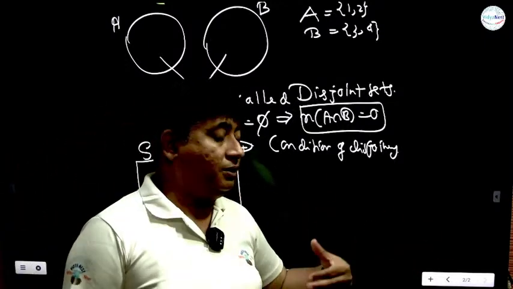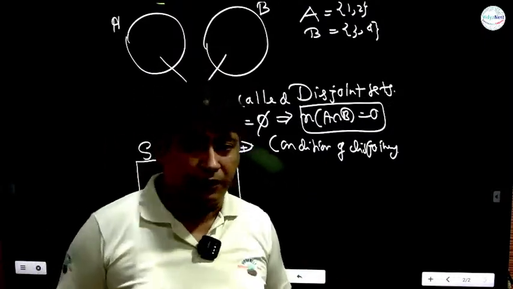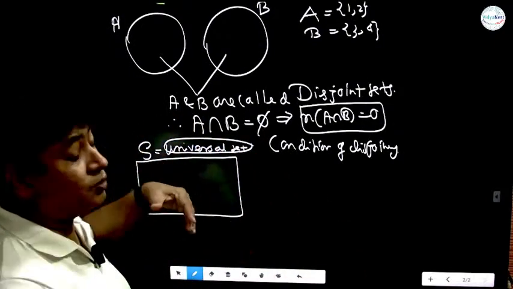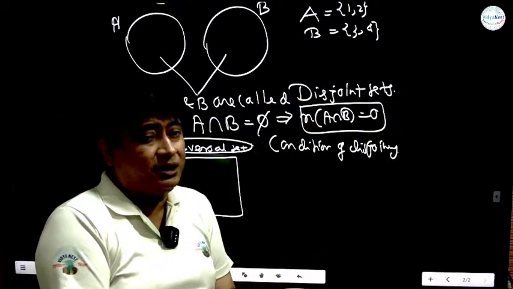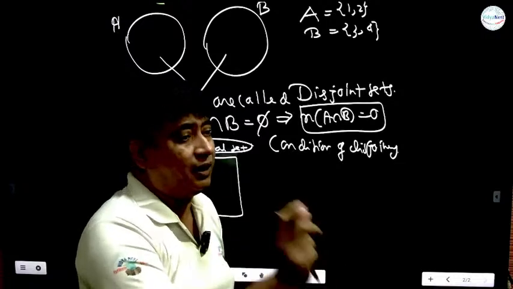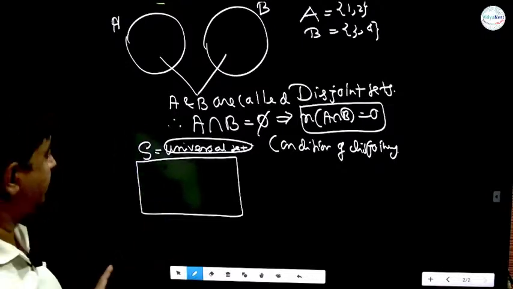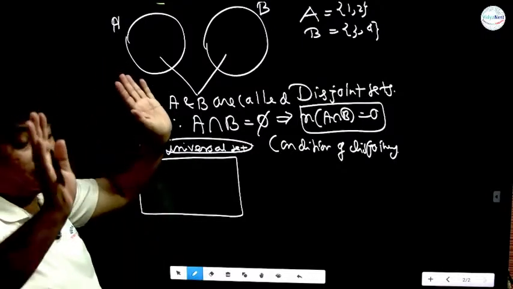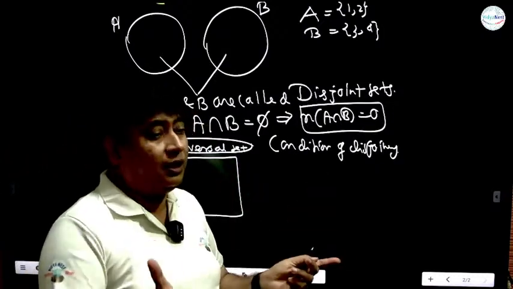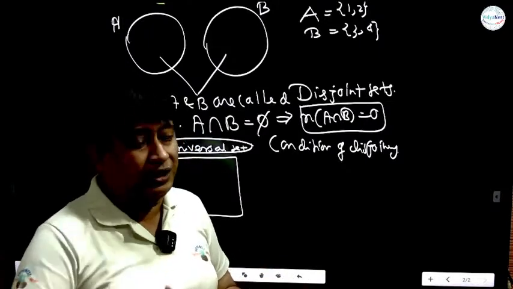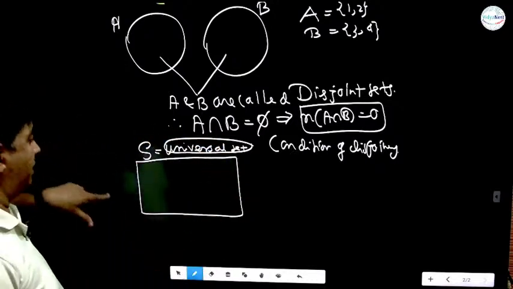Suppose you are in Maharashtra, or Assam, or West Bengal. So you can say India is the universal set with respect to West Bengal. India contains all states. Maharashtra is one of them, or Assam is one of them, or Bihar is one of them, like that. So that is called universal set. Likewise, the whole world is the universal set with respect to Asia.